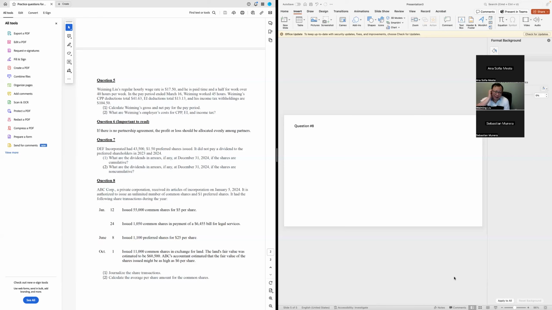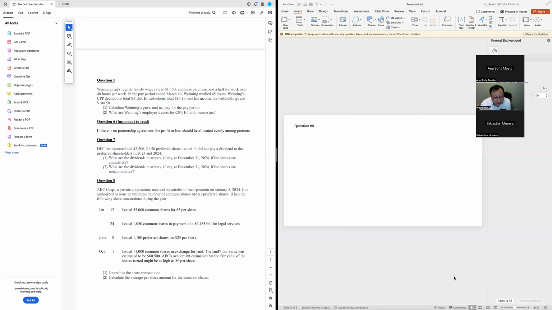June 8th, issued 1,100 preferred shares for $25 per share. October 1st, issued 11,000 common shares in exchange for land. The land's fair value was estimated to be $60,500.